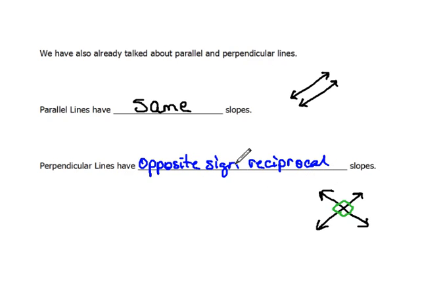Whenever I say opposite sign reciprocal, if our first slope, say, was 5, then the perpendicular slope to that would be the opposite sign, which would be negative, and then the reciprocal. So we would have to flip 5 over to get 1/5.